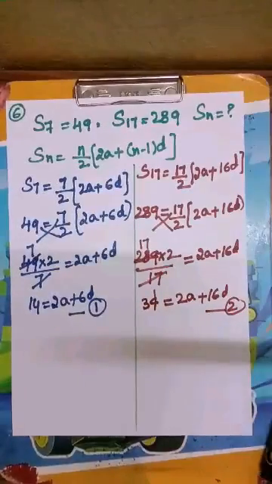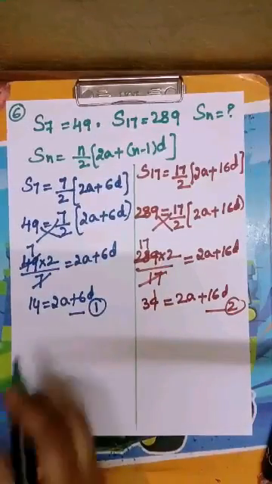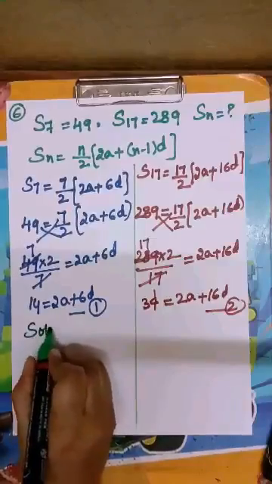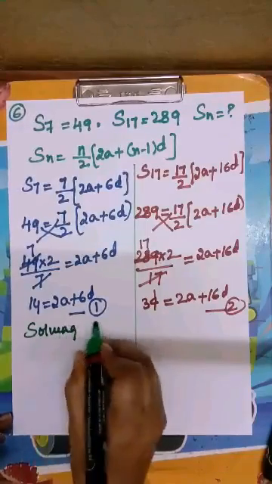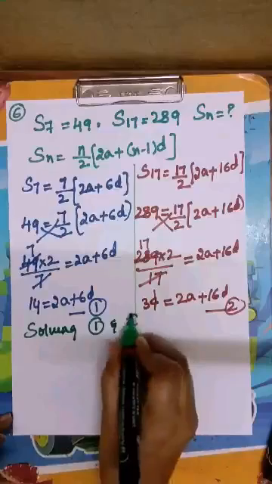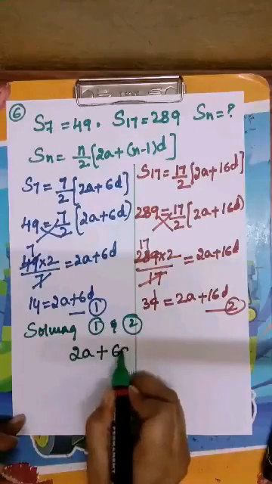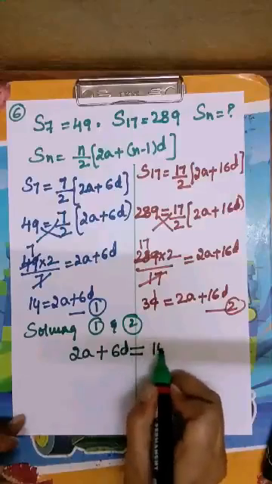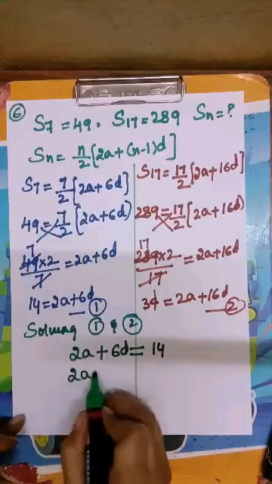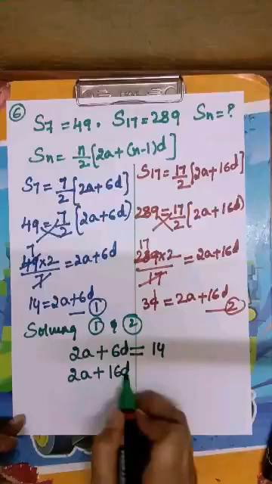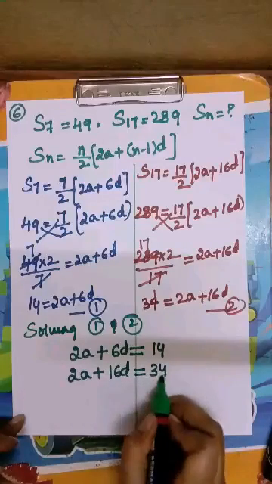Now solving 1 and 2 to get the value of A and D. Solving equation 1 and equation 2. That is 2A plus 6D is equal to 14, 2A plus 16D is equal to 34.